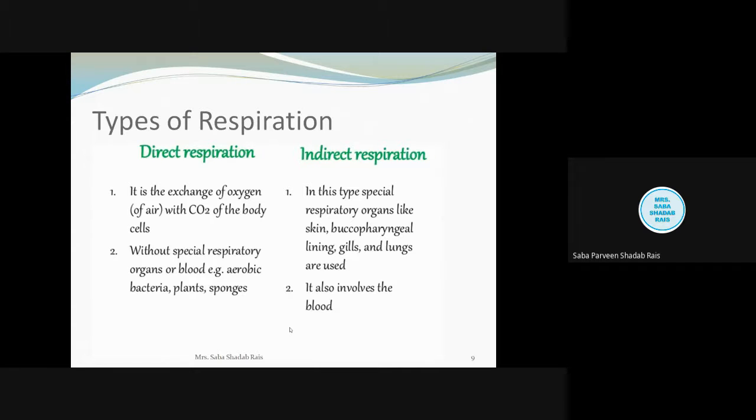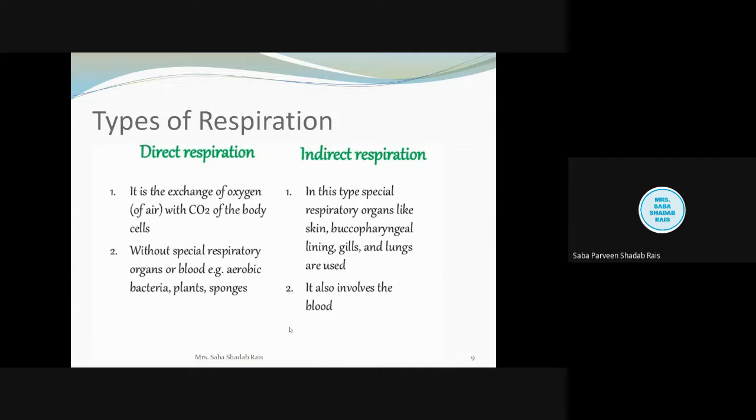On the basis of exchange of oxygen, respiration is of two types. One is direct respiration. It is the direct exchange of whatever gaseous exchange is happening between the environment and the body cell. Here no respiratory aid, no respiratory organ, and no blood will be involved for the purpose of respiration.